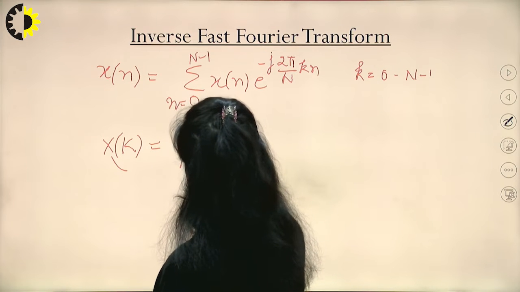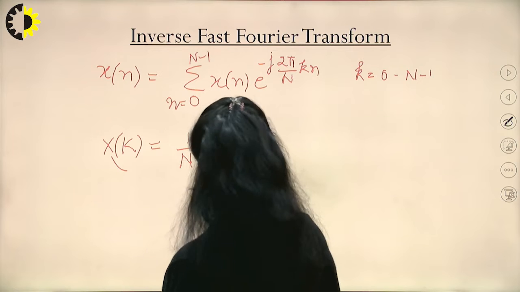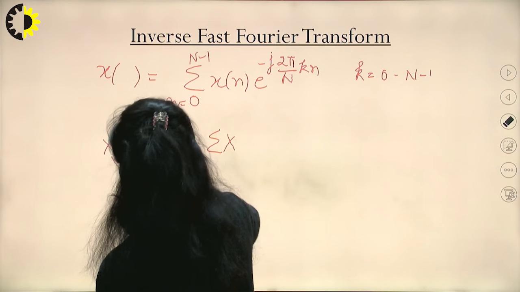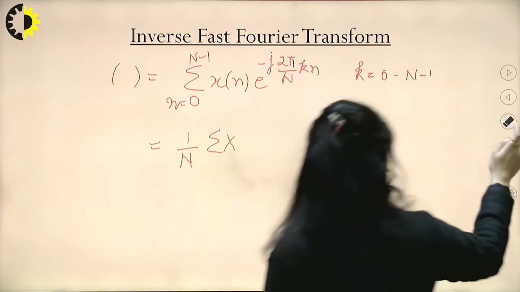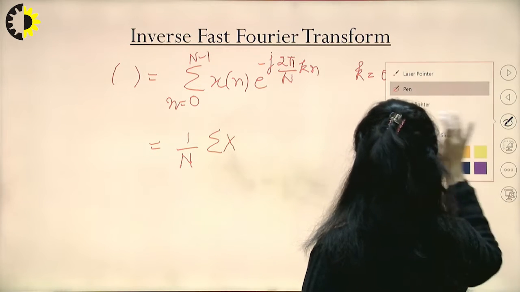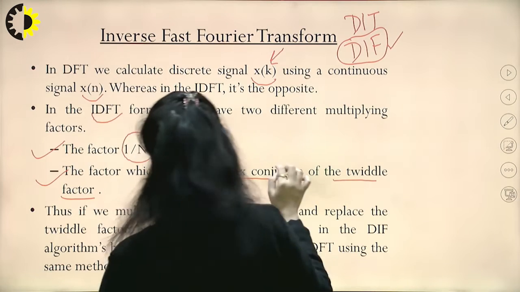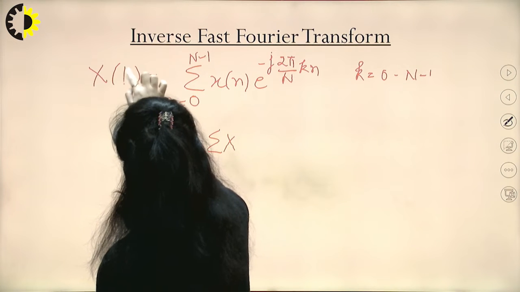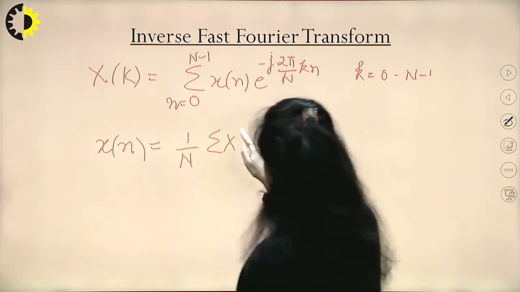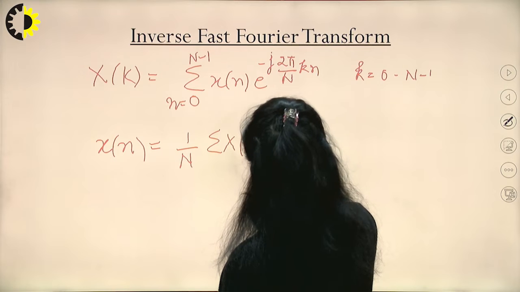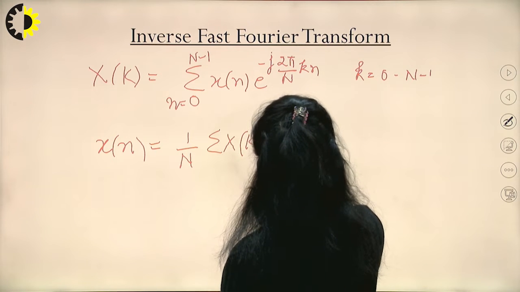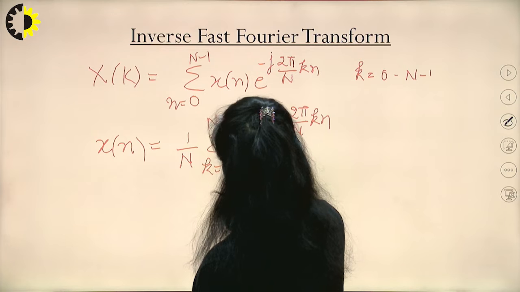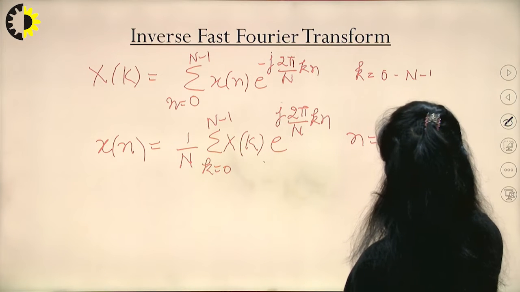This is 1 by n summation, let me correct it here, x of k, and this exponential is positive, j 2 pi by n kn, where k is summed from 0 to n minus 1 and n ranges from 0 to n minus 1.